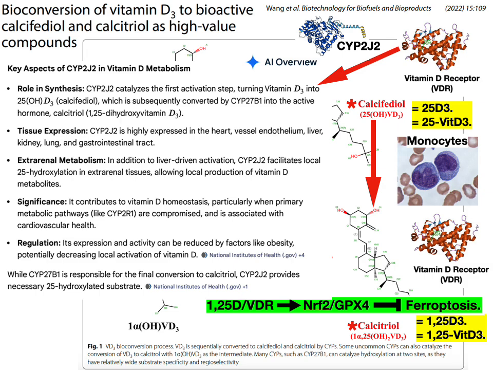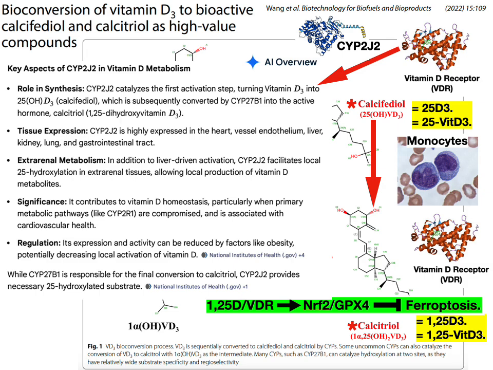CYP2J2 catalyzes the first activation step, turning vitamin D3 into 25D, calcifediol, which is subsequently converted by CYP27B1 into the active hormone calcitriol, 1,25-dihydroxyvitamin D3, or 1,25-D3, or 1,25-D.